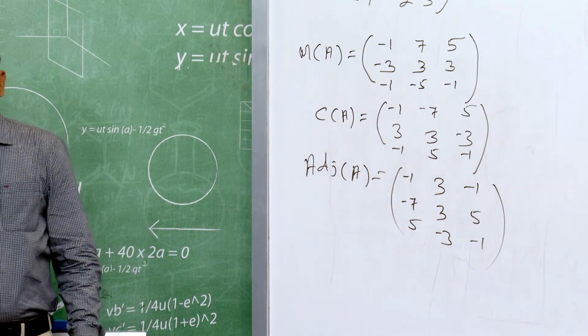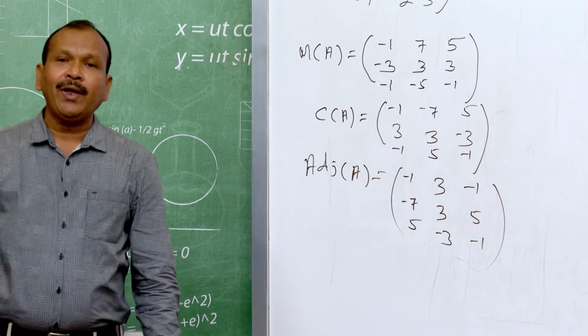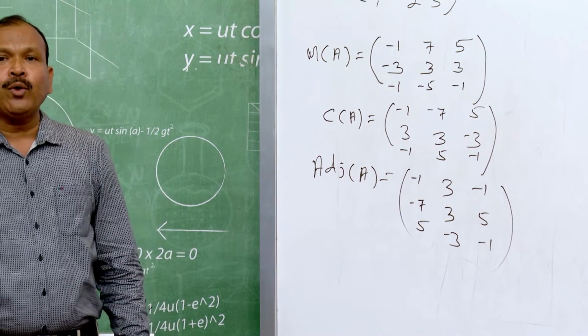Now, we have to verify A into adjoint of A is equal to determinant of A into the identity matrix.